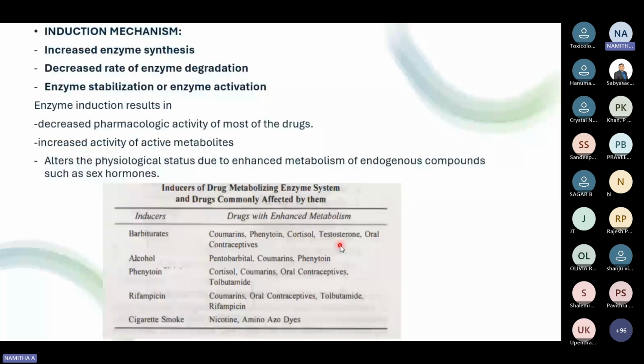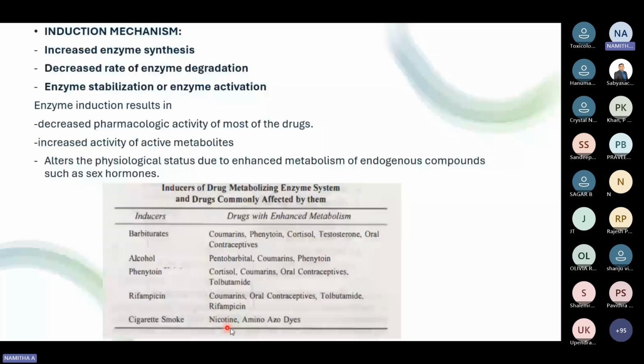Alcohol increases the metabolism of phenobarbital, coumarins, phenytoin. Phenytoin increases the metabolism of cortisols, coumarins, oral contraceptives, tolbutamide. Rifampicin increases the metabolism of coumarins, oral contraceptives, tolbutamide. Cigarette smoke increases the metabolism of nicotine and aminopyrine.